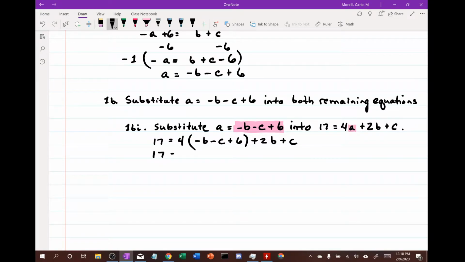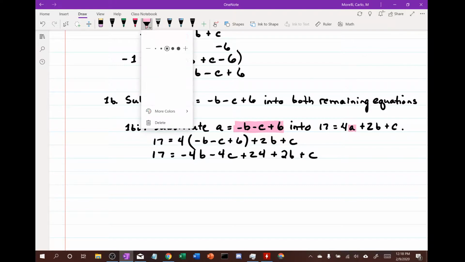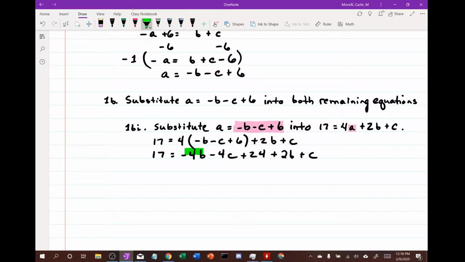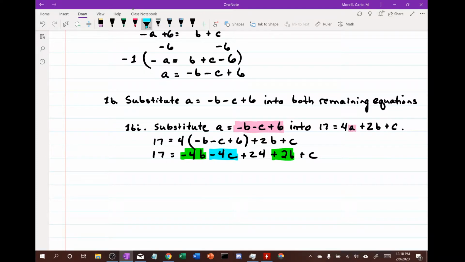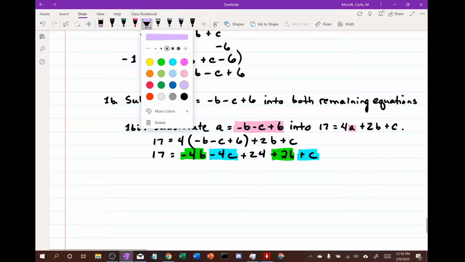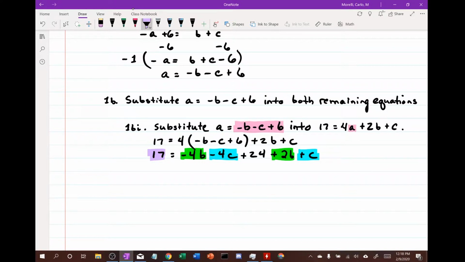So distributing the 4 gives us negative 4B minus 4C plus 24 plus 2B plus C. And now I will combine like terms. I have a negative 4B and a positive 2B. I also have a negative 4C and a positive C. And finally, I have a 17 and a positive 24 on opposite sides of the equal sign.